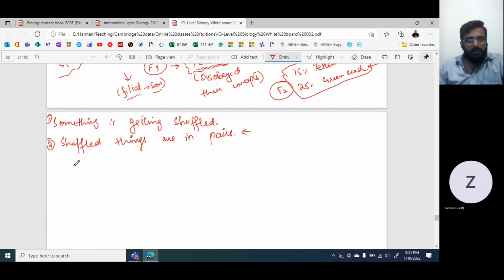So he concluded that the thing that is getting shuffled is present in pairs. Now I'm going to tell you about the written work of Mendel.